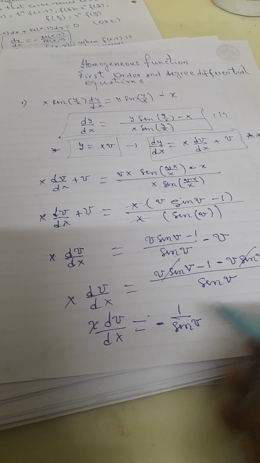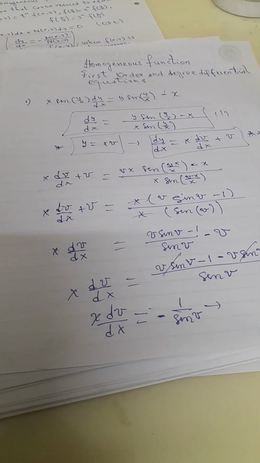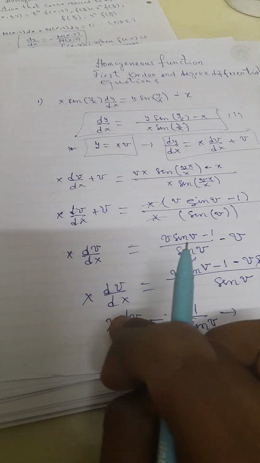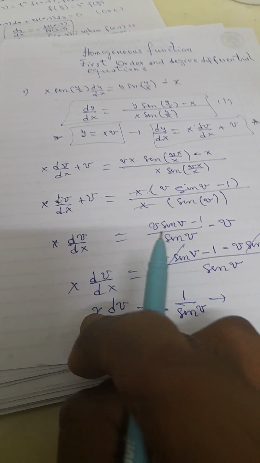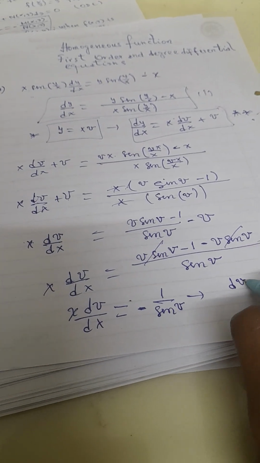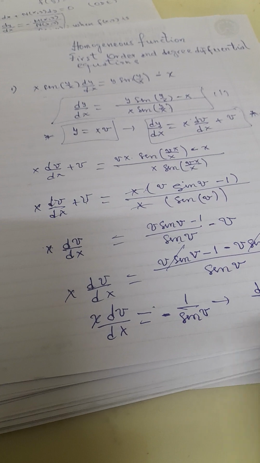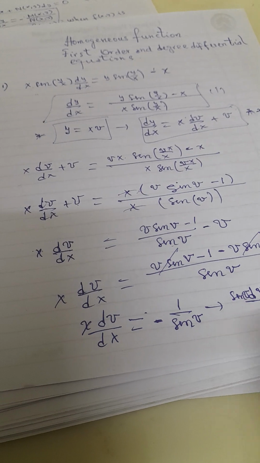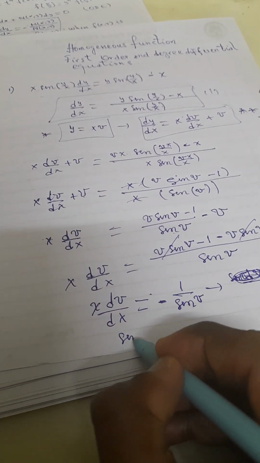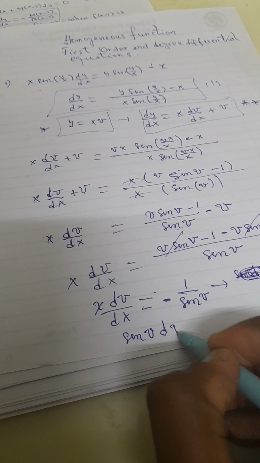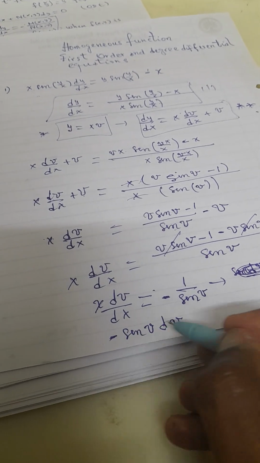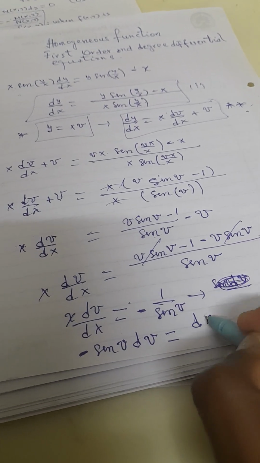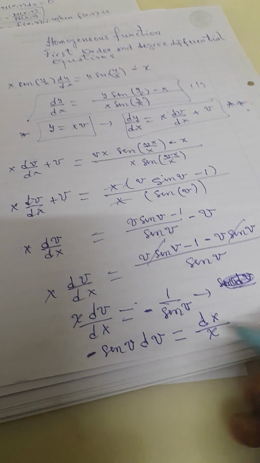Is that true? What we have to do now is apply the variable separable method, like put the function of v with the derivative of v and the function of x with the derivative of x. This will be sin of v dv, you can call this negative sin, equal to dx upon x.